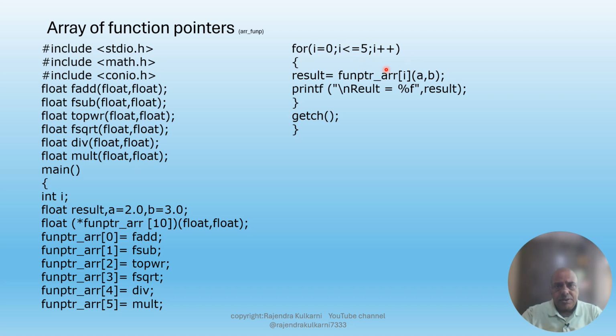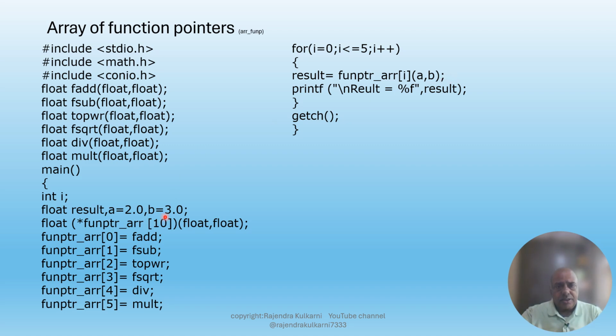So the loop will be executed 6 times. In the loop, we are assigning to a variable result the return values of the functions to which these two variables a and b are being passed.